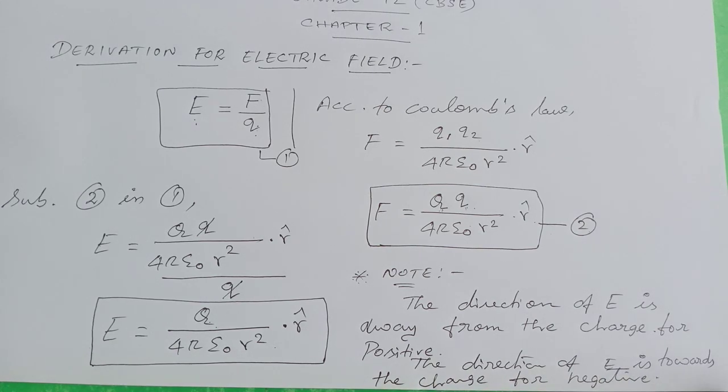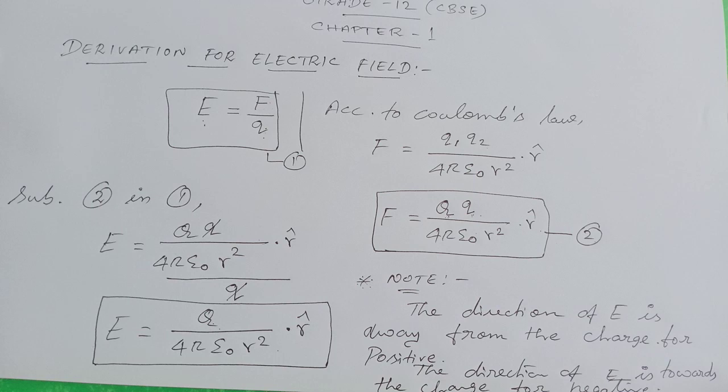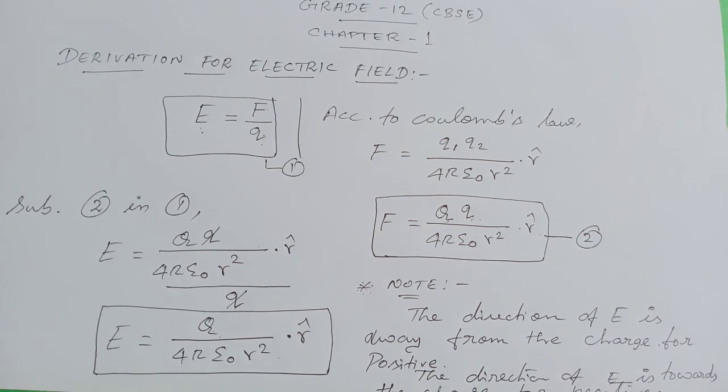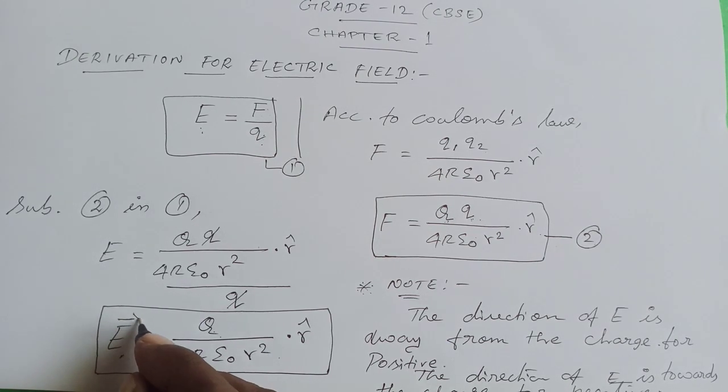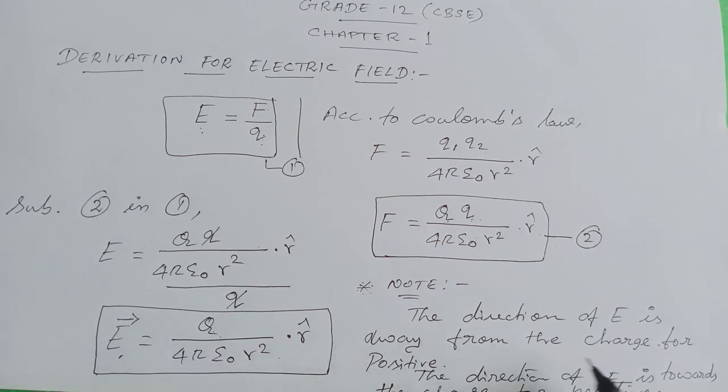Is it clear, students? When we are deriving the equation for the electric field, that equation gives the magnitude of the electric field. We have to find out the direction also, right? Because electric field is a vector quantity, it has both magnitude and direction.